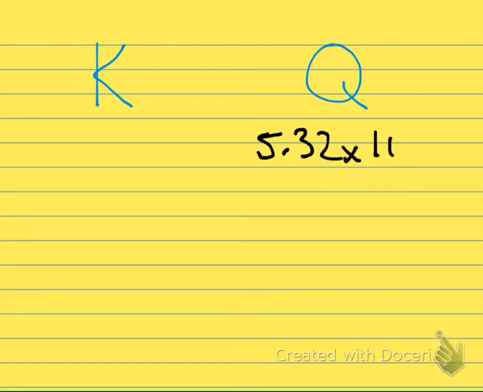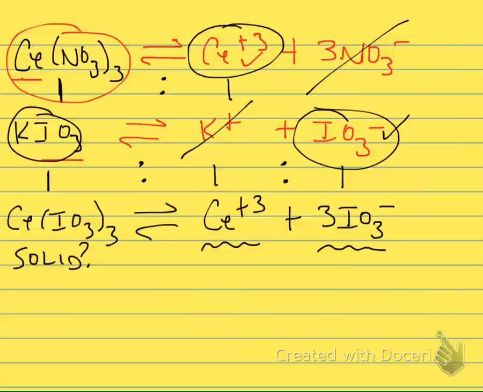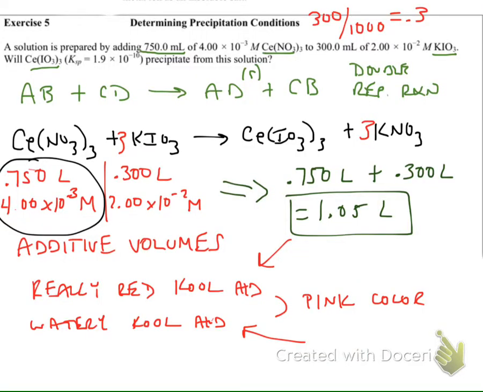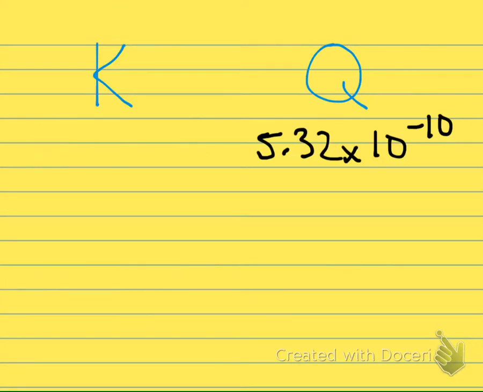So let's think alphabetically here. I have my K, I have my Q. I just solved my Q to be 5.32 times 10 to the negative 10th. And my K from the first page of problems was 1.9 times 10 to the negative 10th.